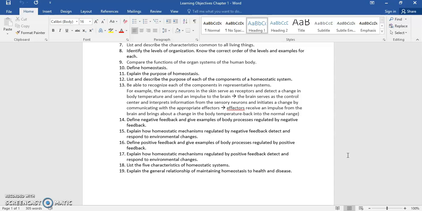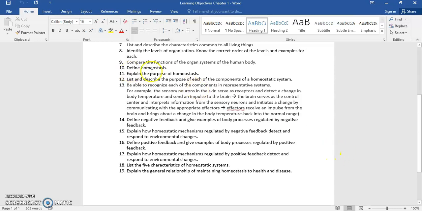It's really important to have a good grasp on what homeostasis is. We'll apply this concept to a lot of different body systems and parameters in the body that we want to keep at a certain set point or normal range.